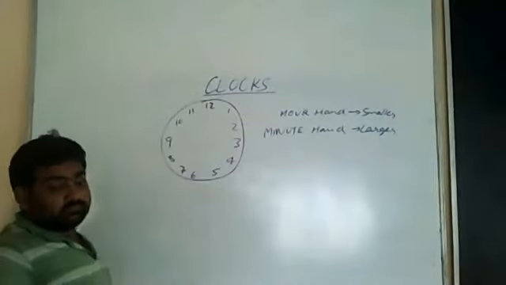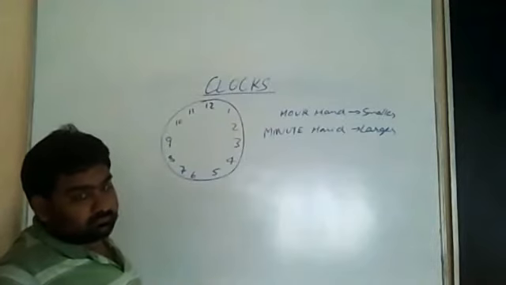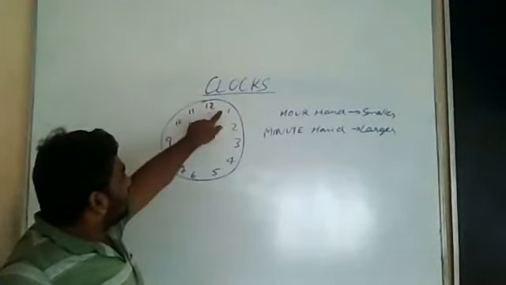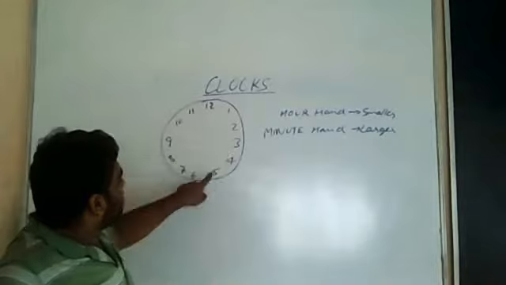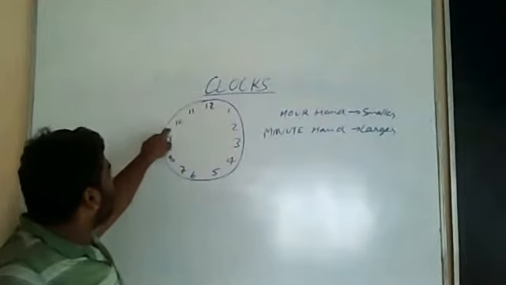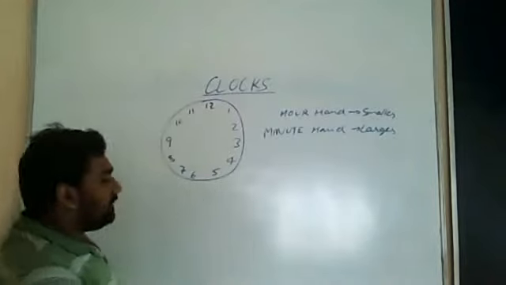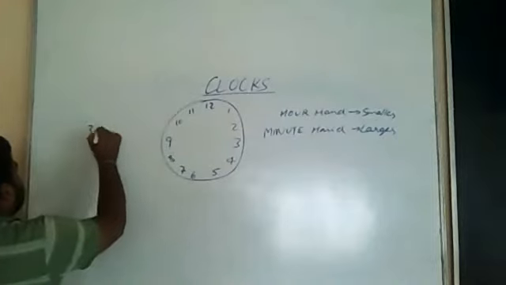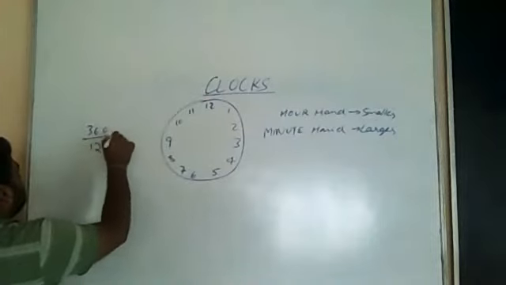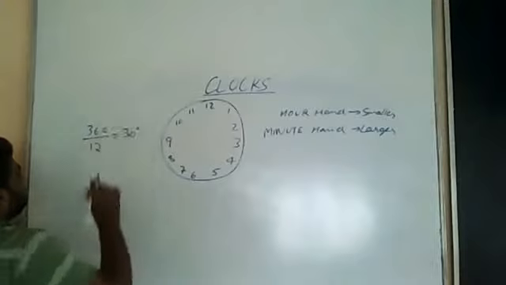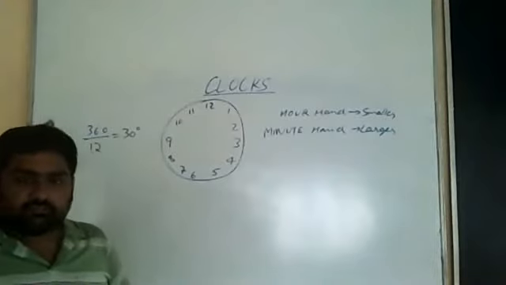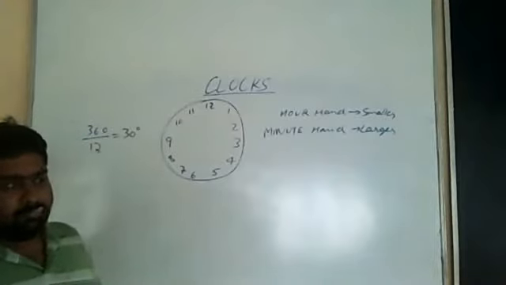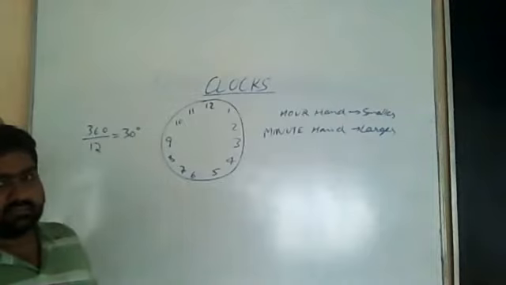Why 30? There are 12 gaps: 1, 2, 3, 4, 5, 6, 7, 8, 9, 10, 11, 12. So that means 360 degrees is divided into 12 parts. Each part will be 30 degrees. Correct?